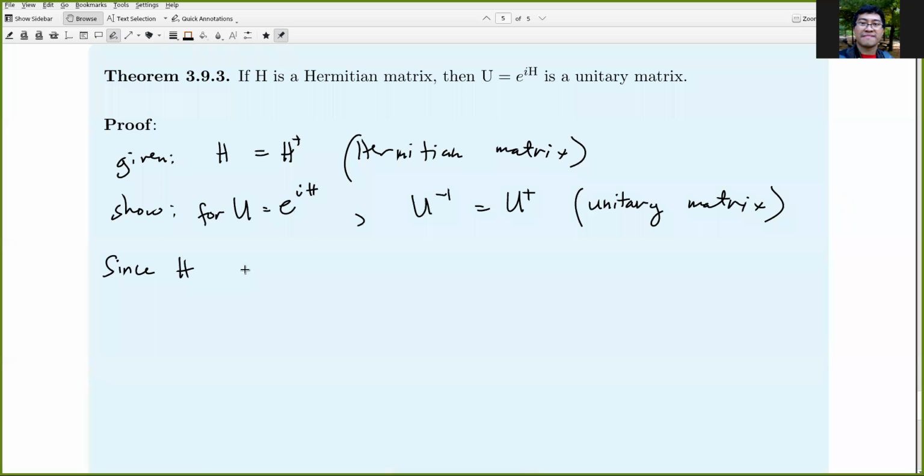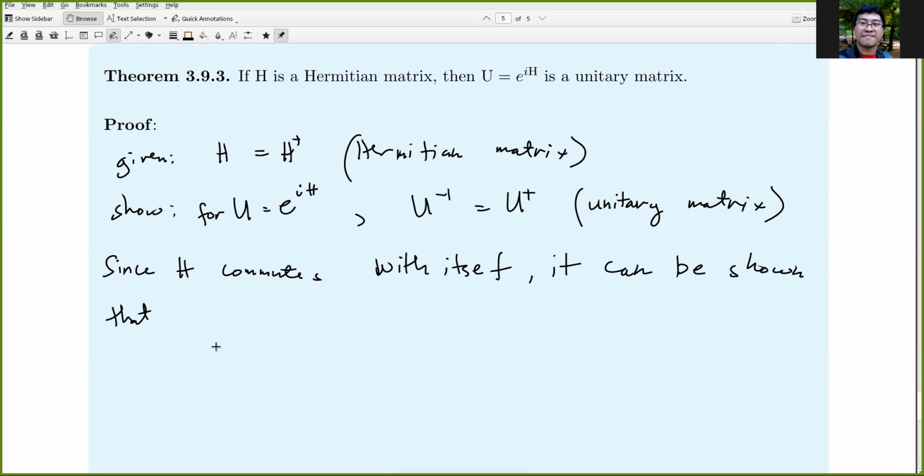Since H commutes with itself, basically H times H is equal to H times H, it can be shown that e to the power of iH times e to the power of minus iH is equal to e to the power of iH minus iH, which is e to the power of 0, or the identity matrix.